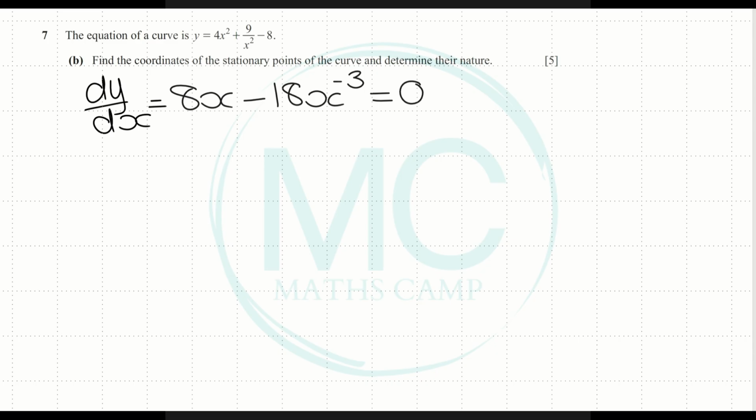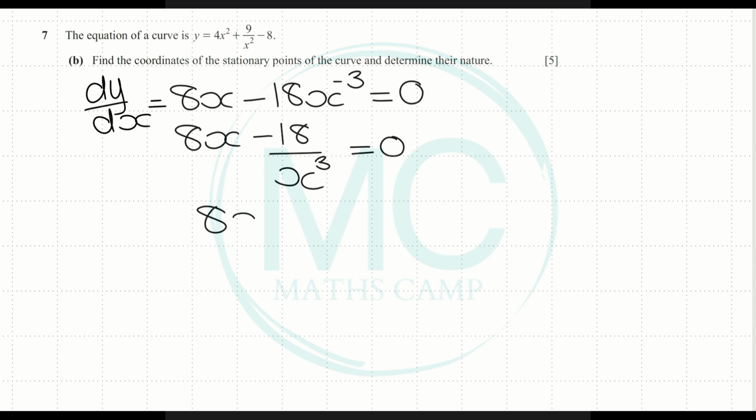And now we can find the x coordinates of these points. Because we're solving for x, I'm going to rewrite this as 8x minus 18 over x cubed, and this is now equal to 0. To solve for x, let's move the fraction to the right.